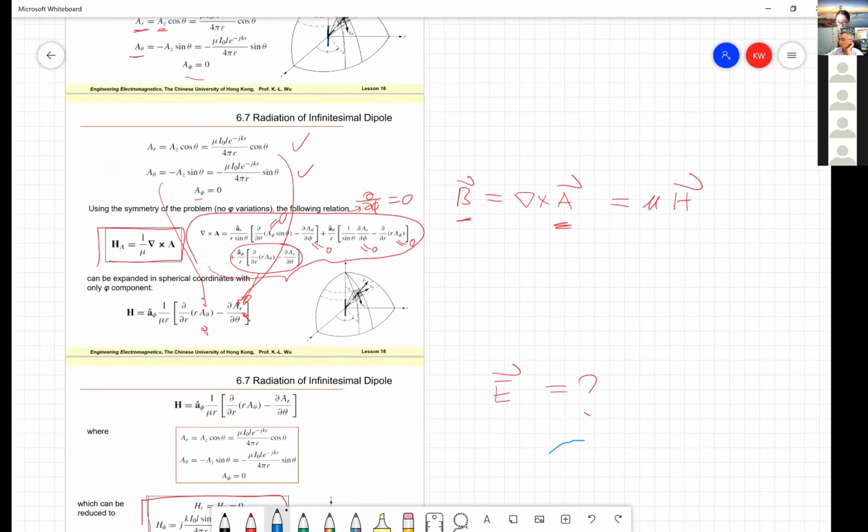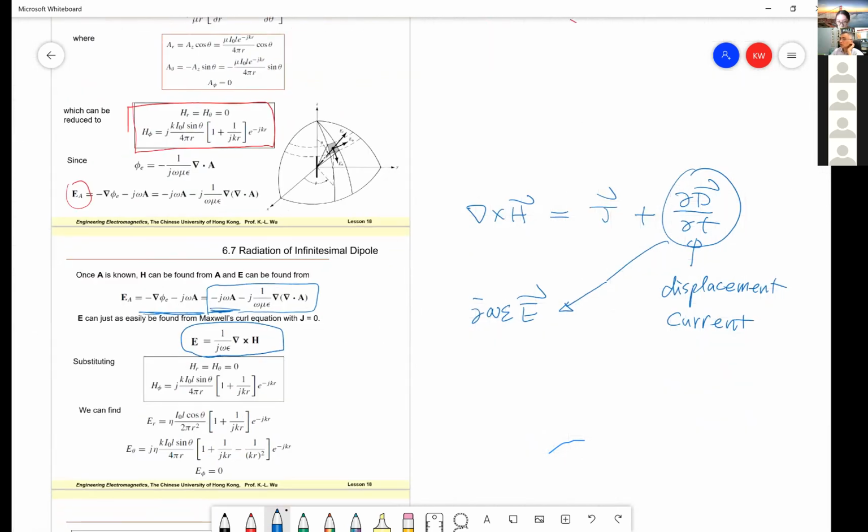So therefore, using this relation, we know we have this, right? That means once we know the magnetic field, we can easily find the electric field using this. So I think this is relatively straightforward.